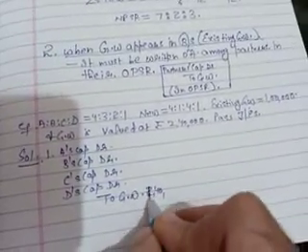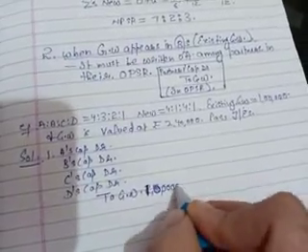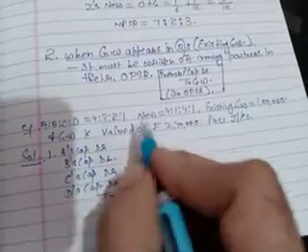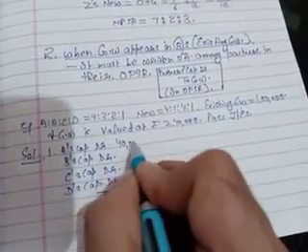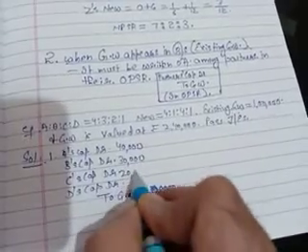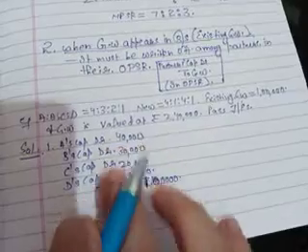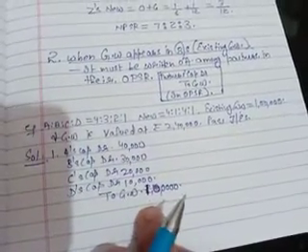The existing goodwill is 1 lakh. It will be 40,000, 30,000, 20,000, 10,000. This is the existing goodwill which has been written off.